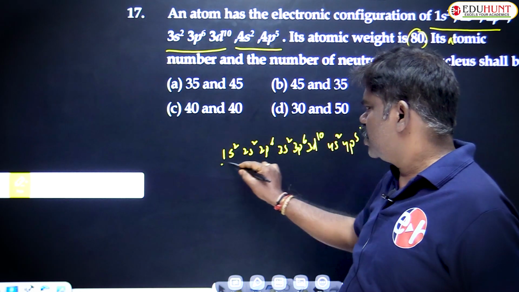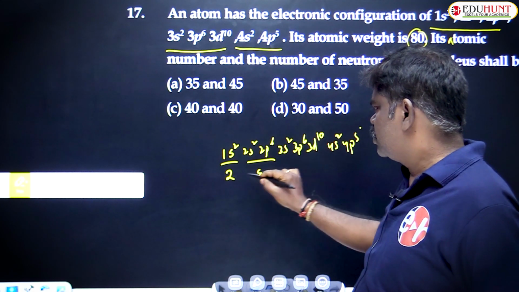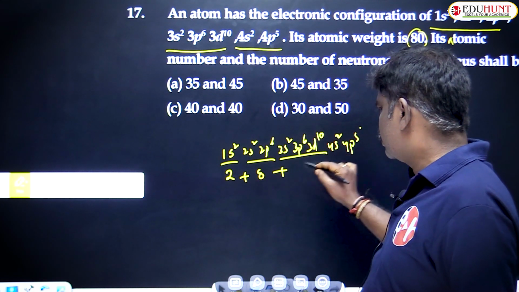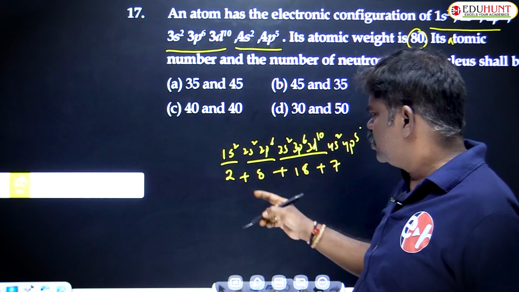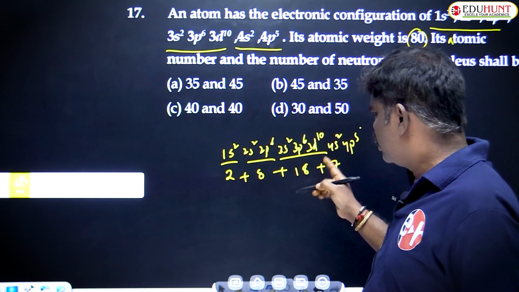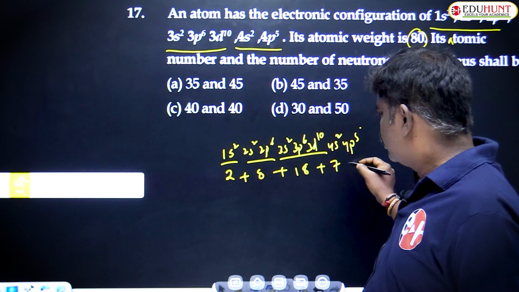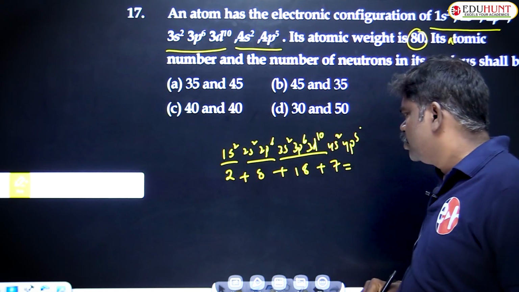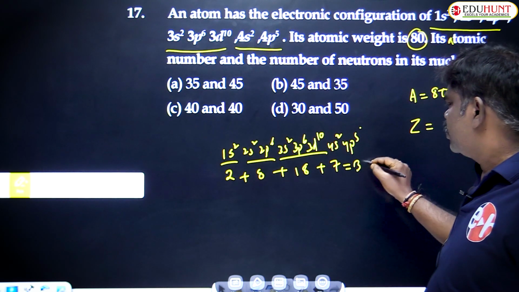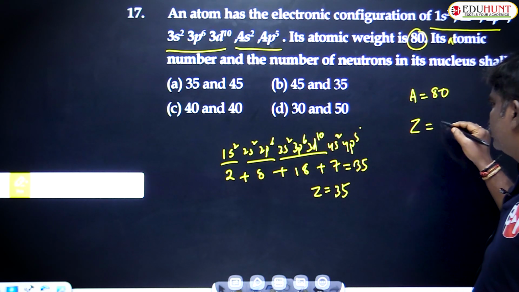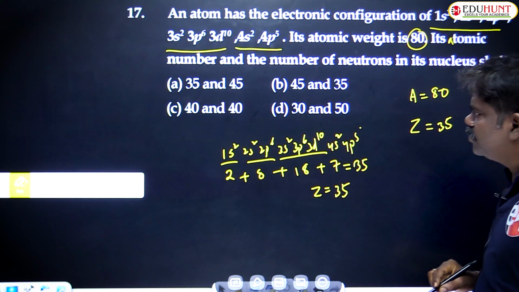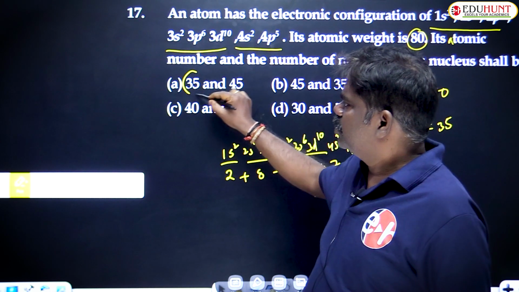First shell contains 2 electrons, second shell 8, third shell 18, and fourth shell 7. Then 2, 8, 10, 10 and 8... 28, and 2, 35. That is known as atomic number 35. So the first answer is atomic number 35.